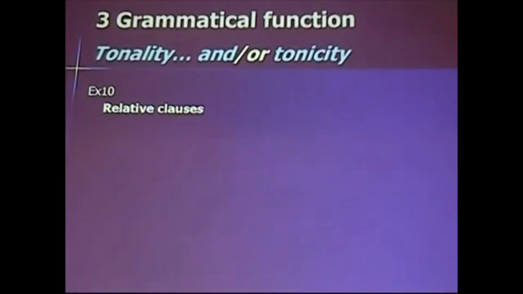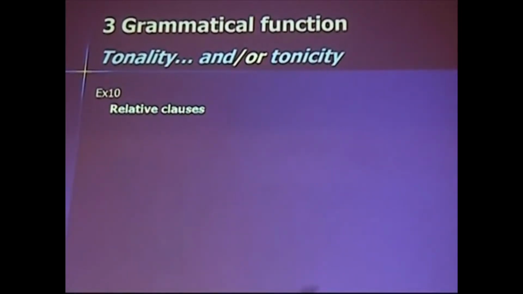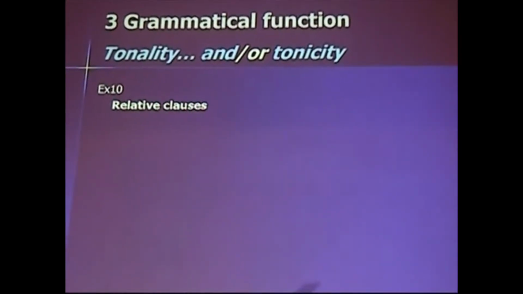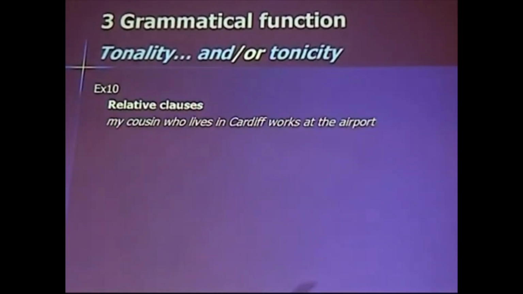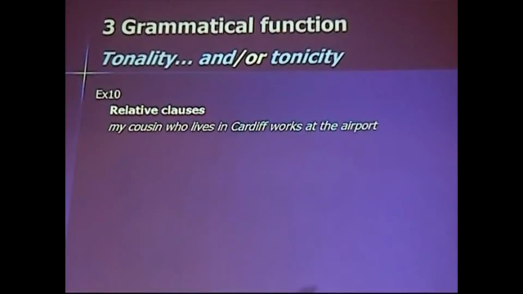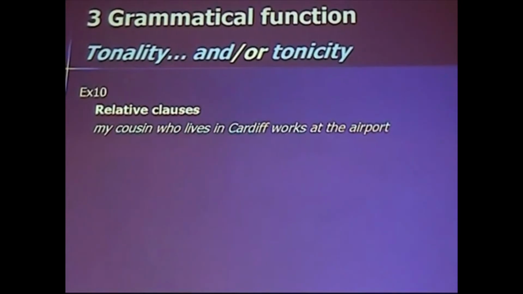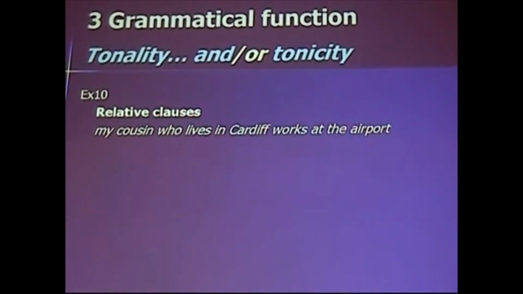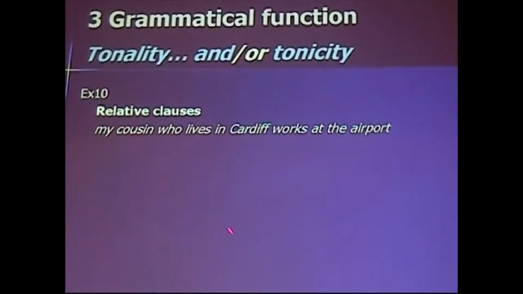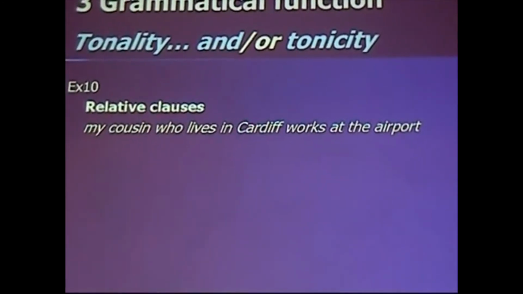Because in example 10, we move on to the dizzy heights of relative clauses. Now, some of you will by this time be thinking, I don't know any of this, I don't even want to know any of this, but in fact it's quite handy. Relative clauses. Now if you've got a string of words like this, my cousin who lives in Cardiff works at the airport. English is a language where just because I've mentioned my cousin doesn't mean necessarily that's the only cousin I've got.